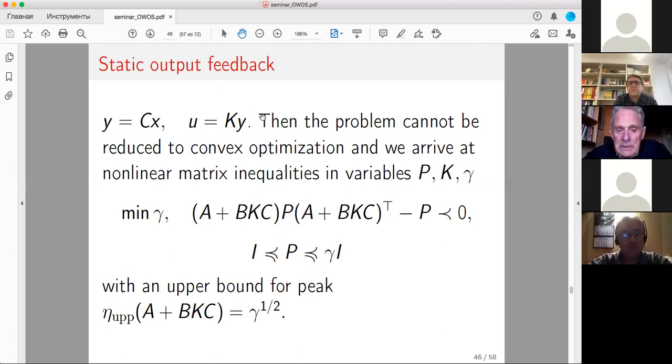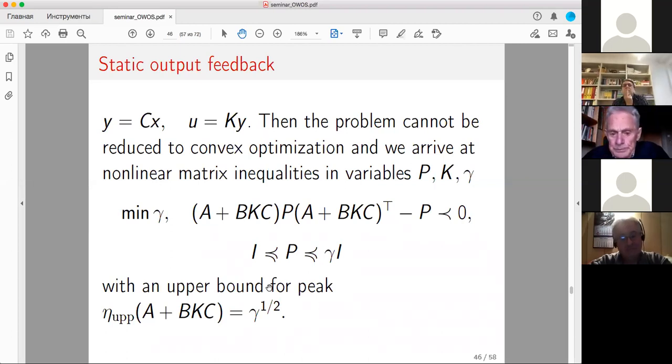It is static output feedback, and we want to minimize the peak effect for our closed loop system. And the upper bound is the following. We solve this problem, and then the upper bound is square root of gamma.